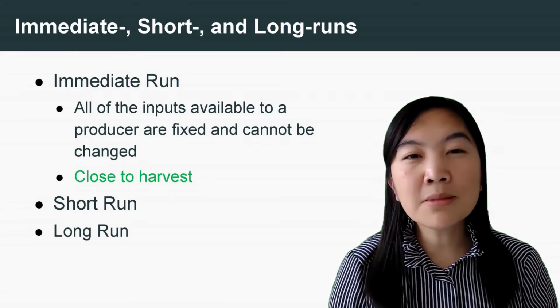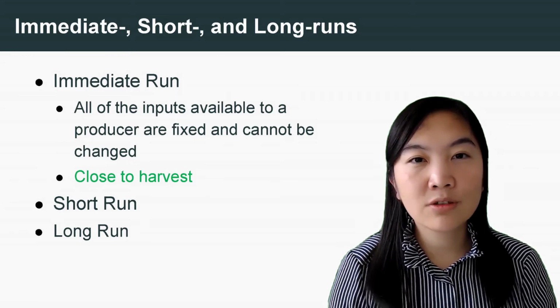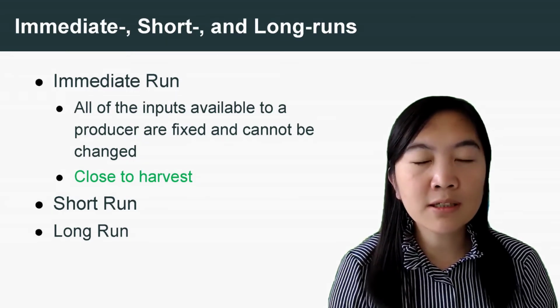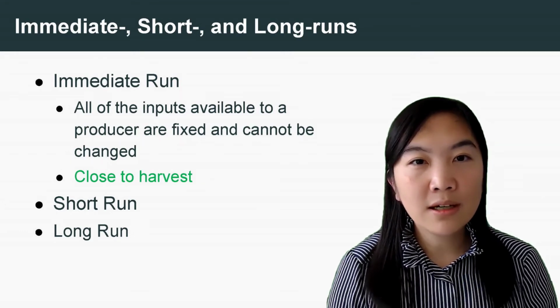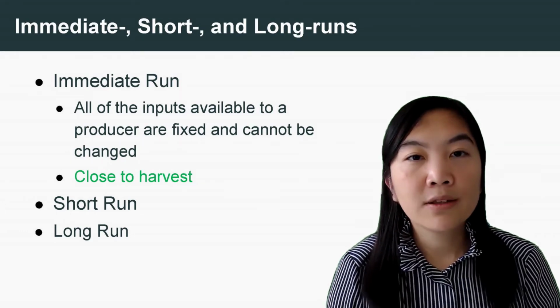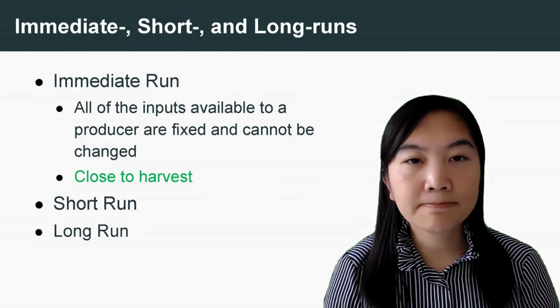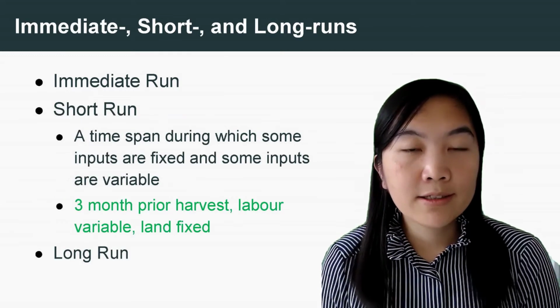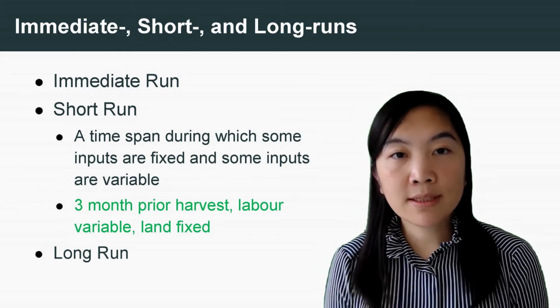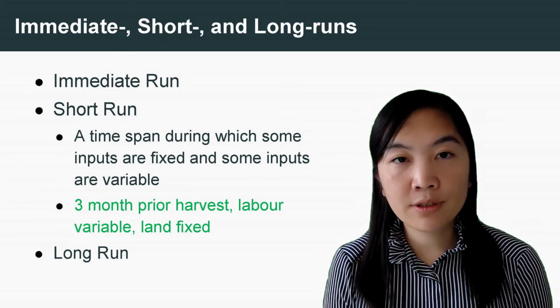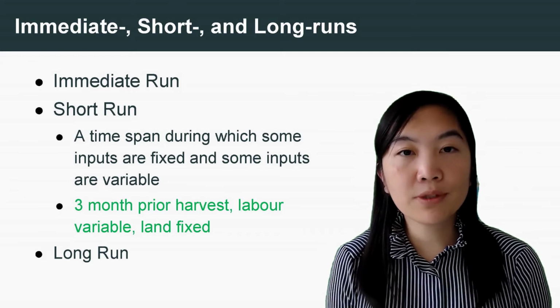And probably you can argue that you can still change the input of labor, but in terms of land and nitrogen, those inputs you cannot change. Short run is a time span during which some inputs are fixed and some inputs are variable. So it's a mix of both.